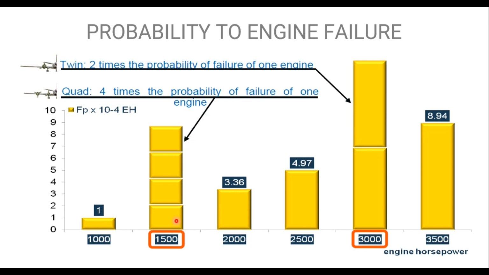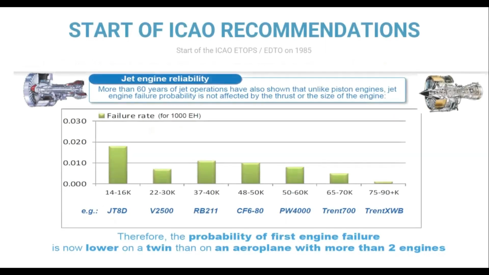And this is why the performance measures that the manufacturer puts consider 1 engine failure for a twin engine aircraft and 0 engine failure for a 4 engine aircraft. So the measures that the manufacturer is giving to you as an operator are different between the 2 engine aircraft and the 4 engine aircraft. That's a very, very important point to consider, okay?